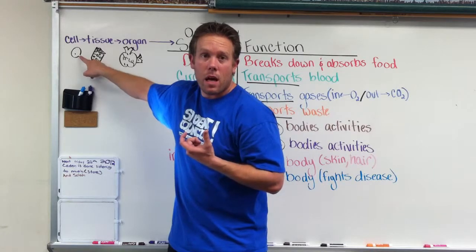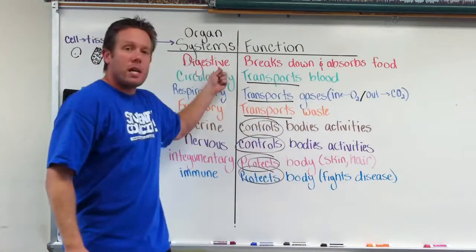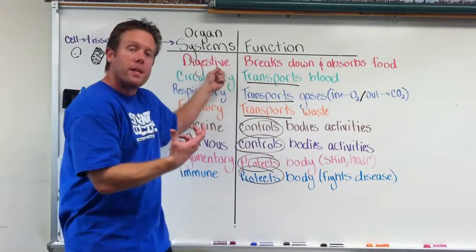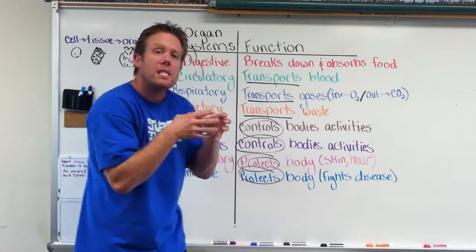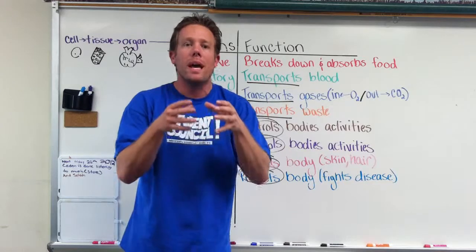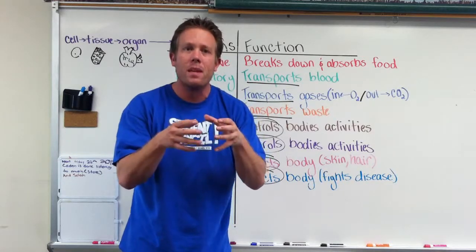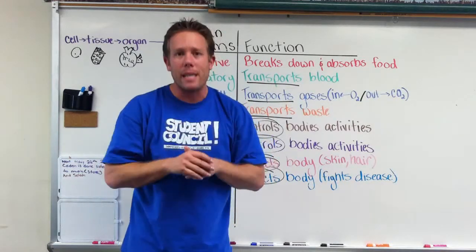So the complex activity of breaking down that food so that it's small enough to get through the porous walls of this cell is called the digestive system. All of the organs in the digestive organ system are working together to perform a specific function, namely to break down food.